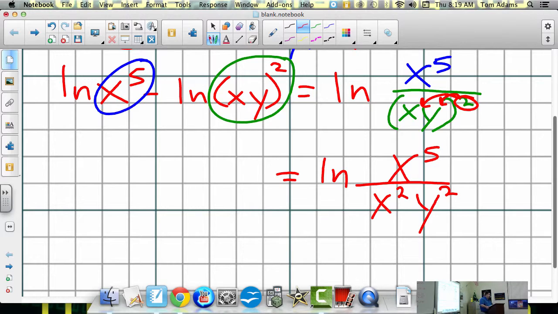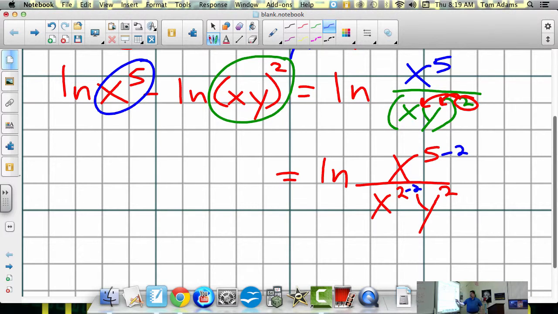Why? What should I do? Yes. Yeah. So I've got two x's on the bottom and 5 x's on the top. So if I were to expand that, 2 of these on the bottom would cancel with 2 of these on the top. And the shortcut is I'm just going to subtract 2 from both.